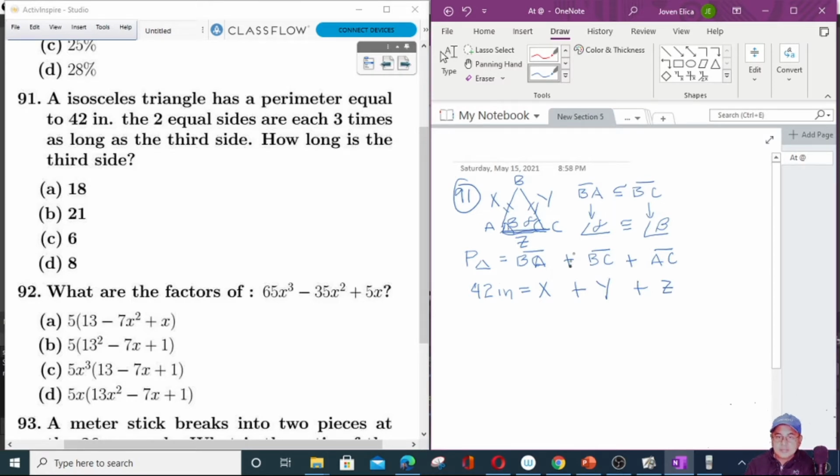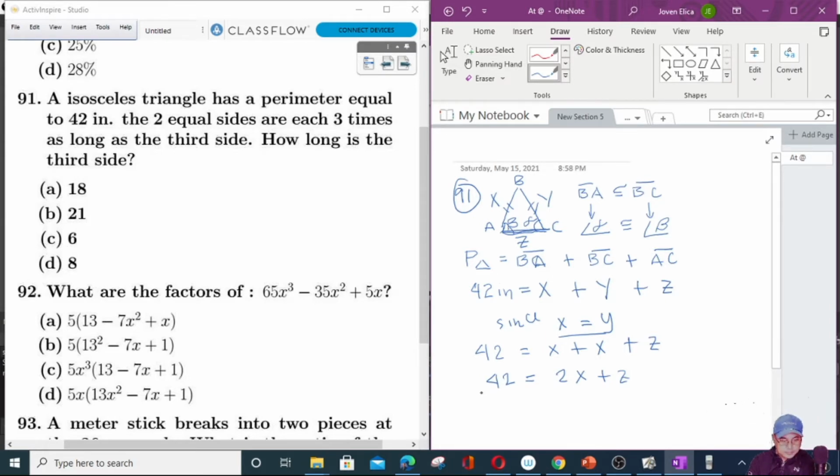Now, since X is equal to Y, we can simplify this equation as 42 equals X plus X, since they are equal sides of an isosceles triangle, plus Z. This is 2X plus Z equals 42.